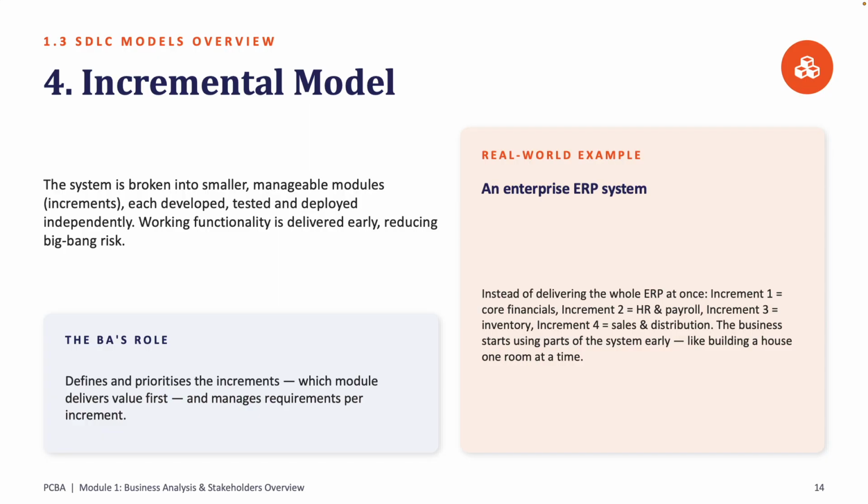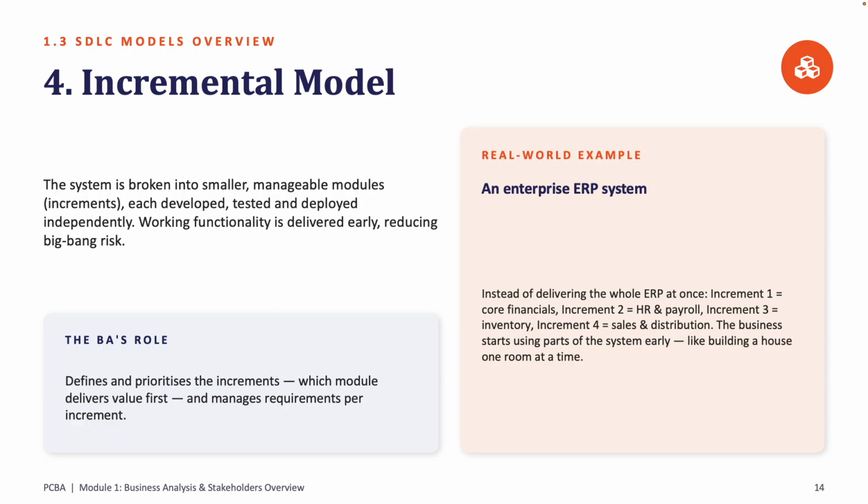Working functionality is delivered early, reducing the big bang kind of risk. As a business analyst, you have to define and prioritize the increments, which module delivers the value first, and manage the requirements per increment.